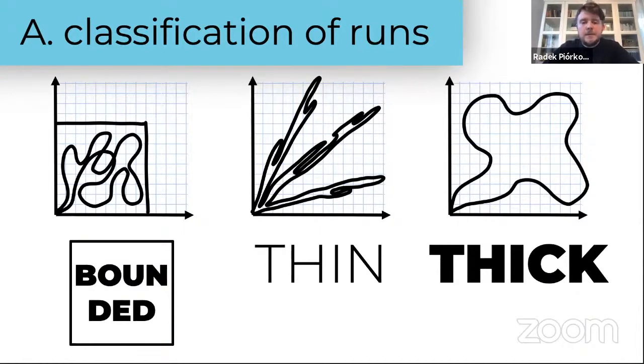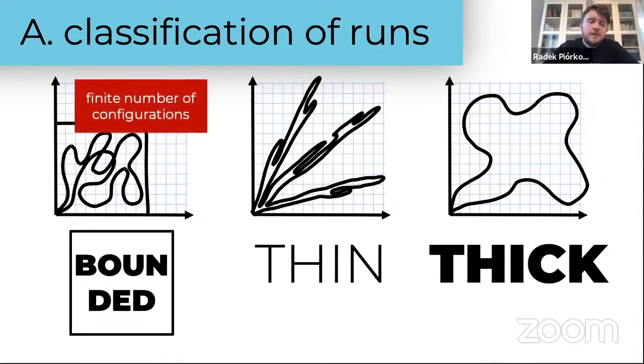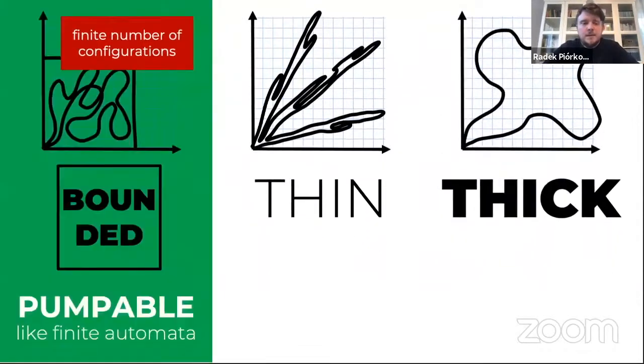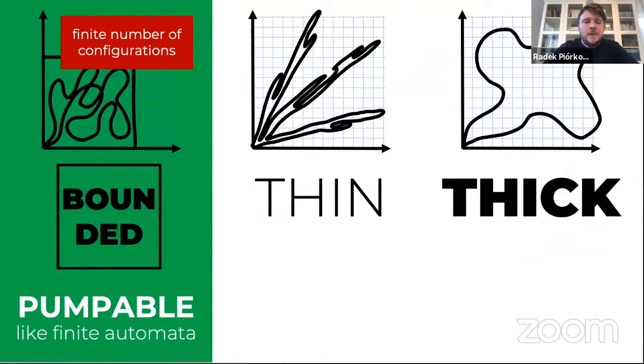So for those three types of runs, we show some pumping lemmas. For bounded ones, we just reuse the traditional pumping lemma for finite automata. It's very easy to show that you can pump bounded runs.